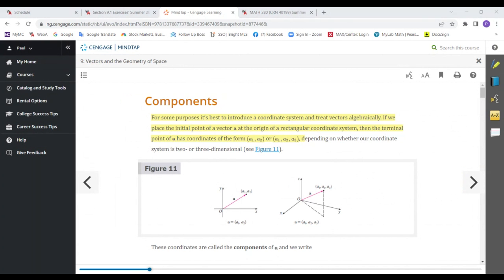If you see there in figure 11, the vector A has components A1 and A2, and vector A reaches the coordinate A1, A2. The vector A on the right in three-dimensional space has components A1, A2, and A3, so it reaches the point with coordinates A1, A2, A3.